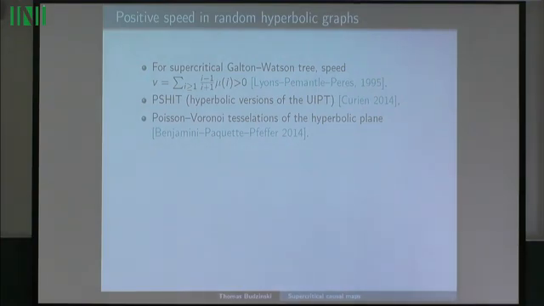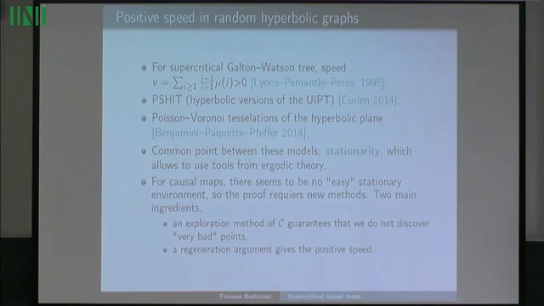But these three models all have something in common, which is a stationarity property, which means that the environment around the random walker at time n has basically the same distribution as the environment around the root. It's exactly true for the last two models, and for the first one, it's not exactly stationary, but the proof of Lyons, Pimentel, and Peres relies on the construction of a stationary environment.